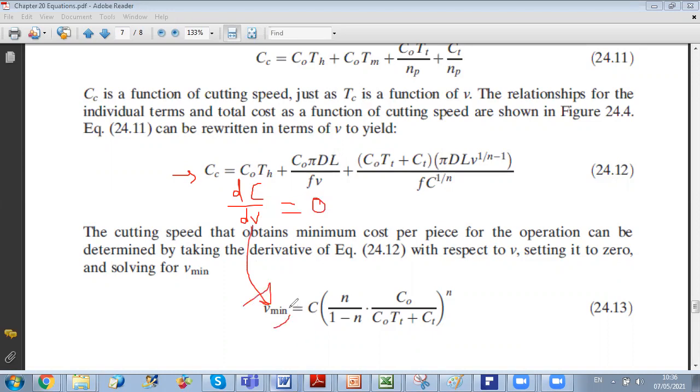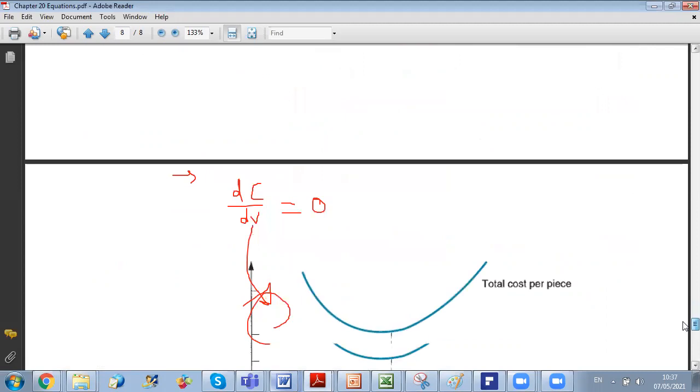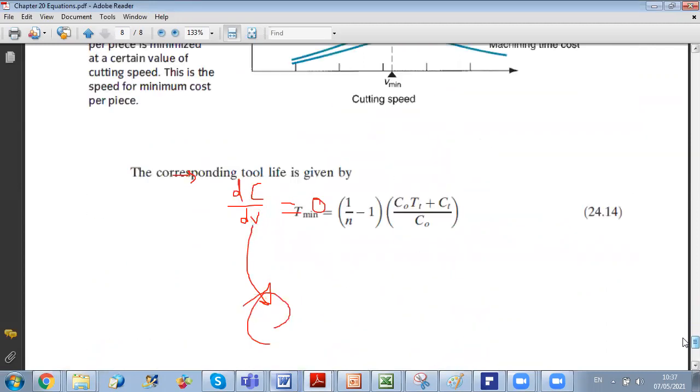And once I have the value of Vmin, I can determine the corresponding optimal tool change time. So I can find, based on this, the corresponding tool life as a function of the change time of the tool.